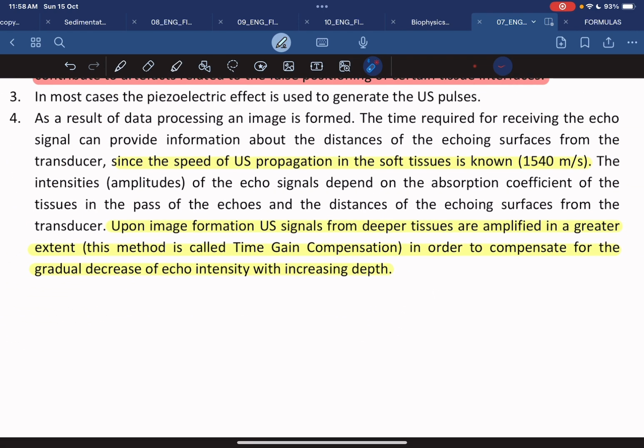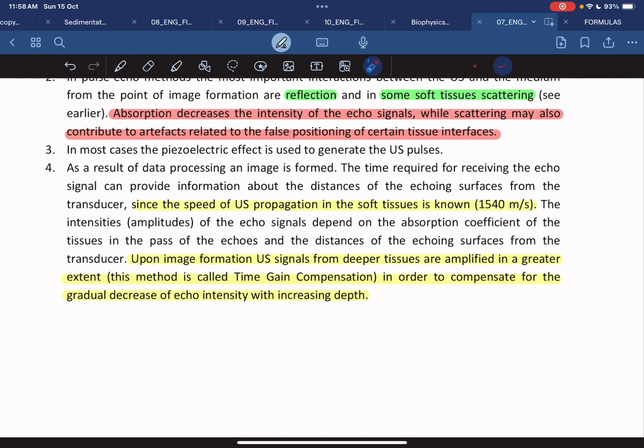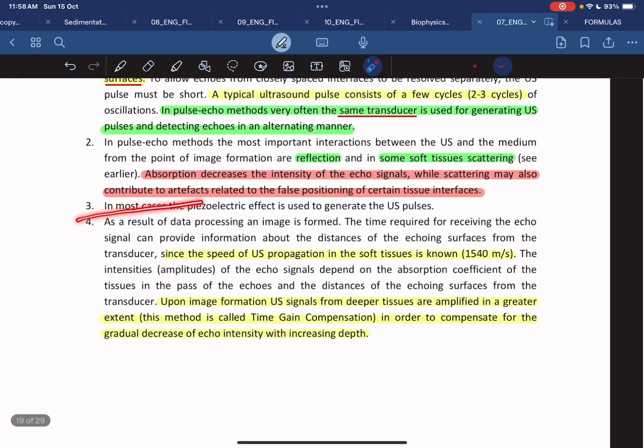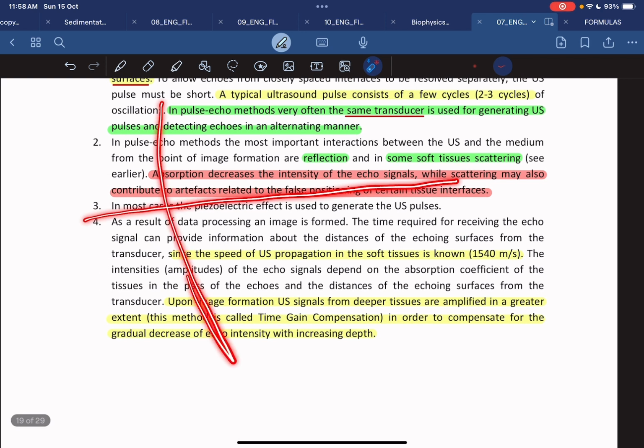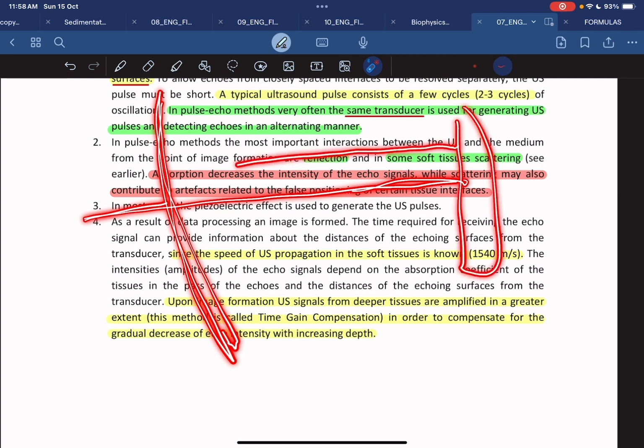Now, upon image formation, what happens? There's a thing called amplification, okay. It's called time gain compensation. When we pass an ultrasound through a body, this is the body boundary, and the ultrasound is passing through. Now it hits a bone here, and it's coming all the way back. While coming back, it's going to lose energy in the form of heat, because of the friction of the movement of the particles. So when it comes back here, the reflected intensity is not actually what was sent through.